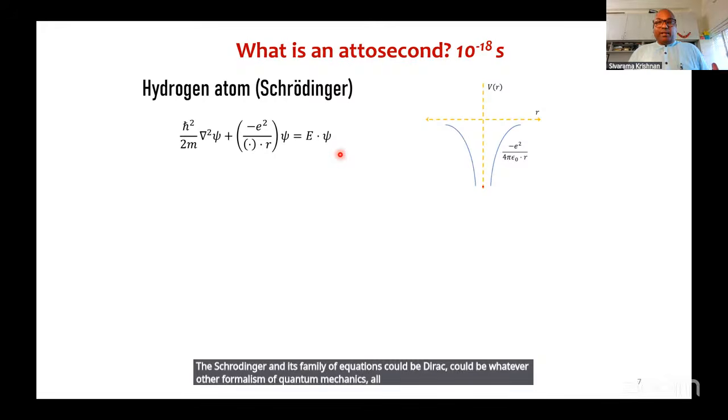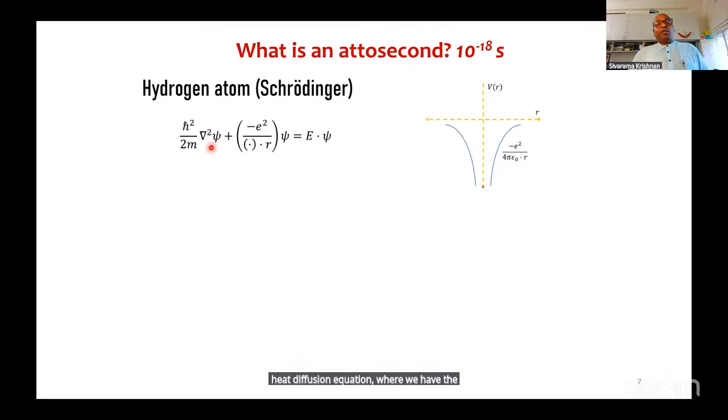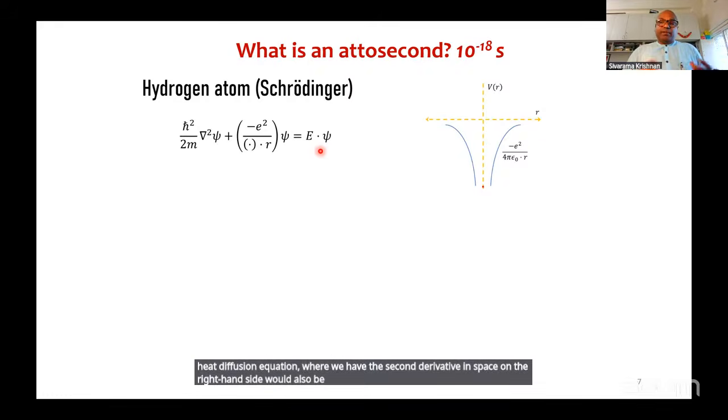all of which are very related and in many cases even equivalent, is captured in this equation, which to a scientist or engineer would remind us of the heat diffusion equation, where we have the second derivative in space, and the right hand side would also be a first order time derivative, which I haven't written just to keep things simple.